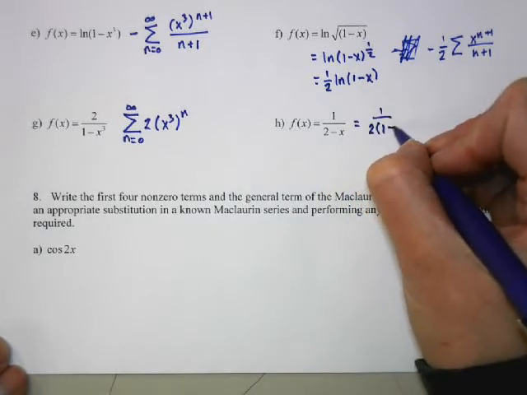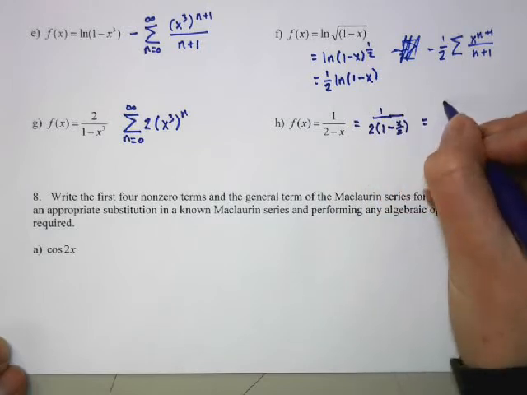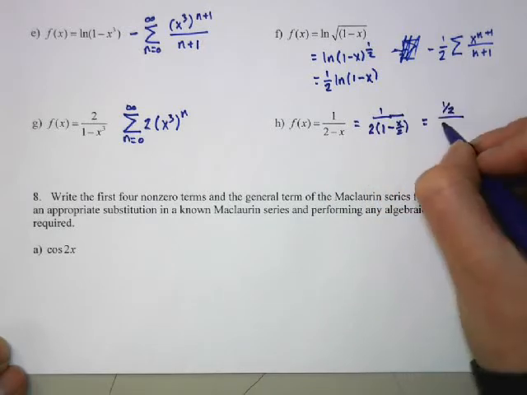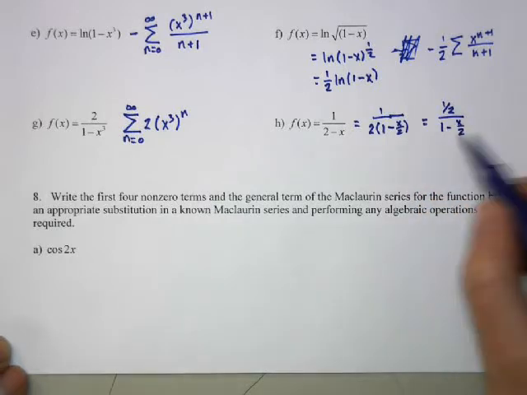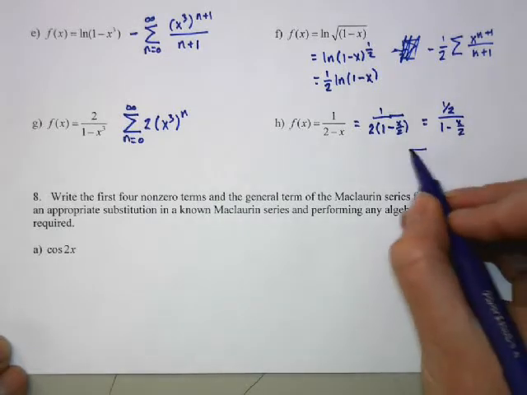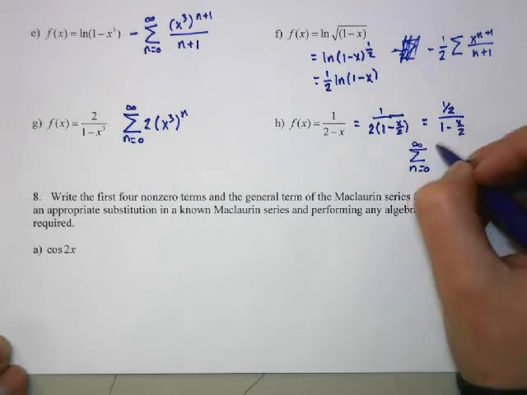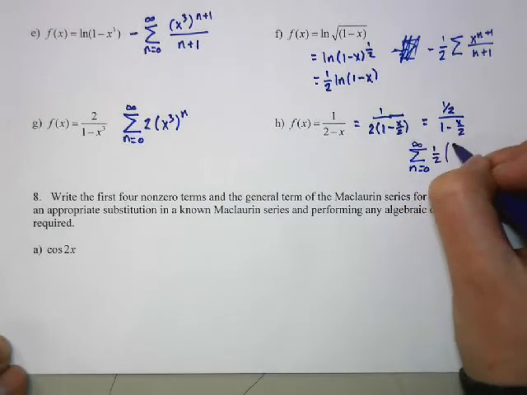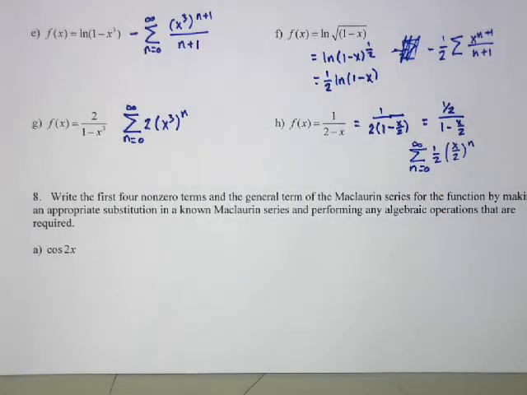That'll leave me with 1 minus x over 2. So this is going to be 1/2 over 1 minus x over 2. And then we could write it in sigma notation. So my a1 is going to be 1/2. My common ratio is x over 2 to the n.